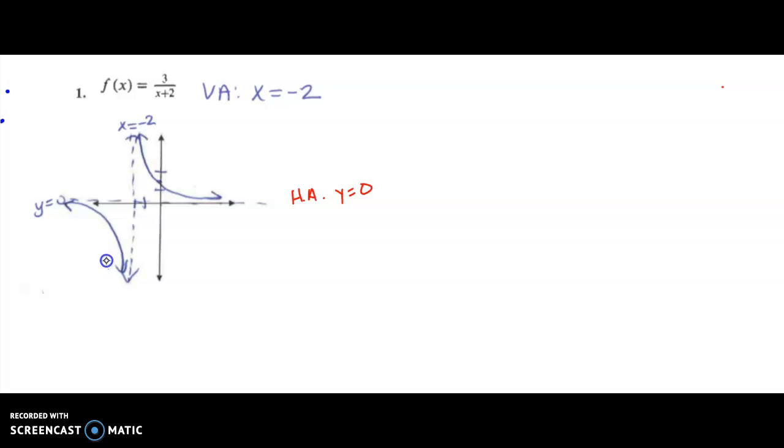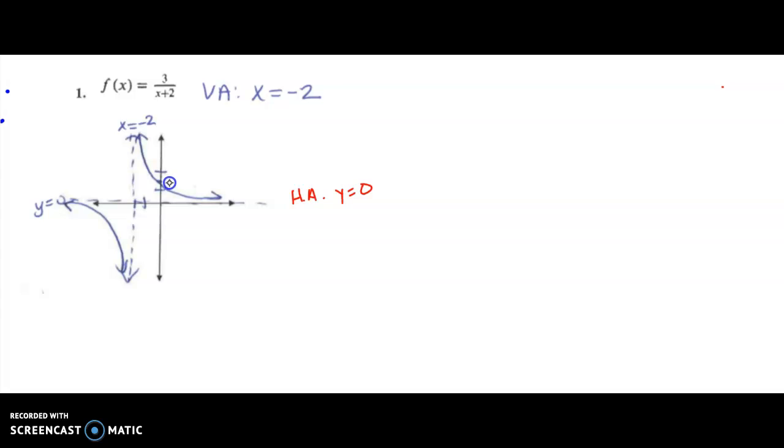We also know that it's going to be in opposite directions because this is x to the first. If you plug in a number to the left of -2, then your y values are going to be negative, so we're going to go in opposite directions.